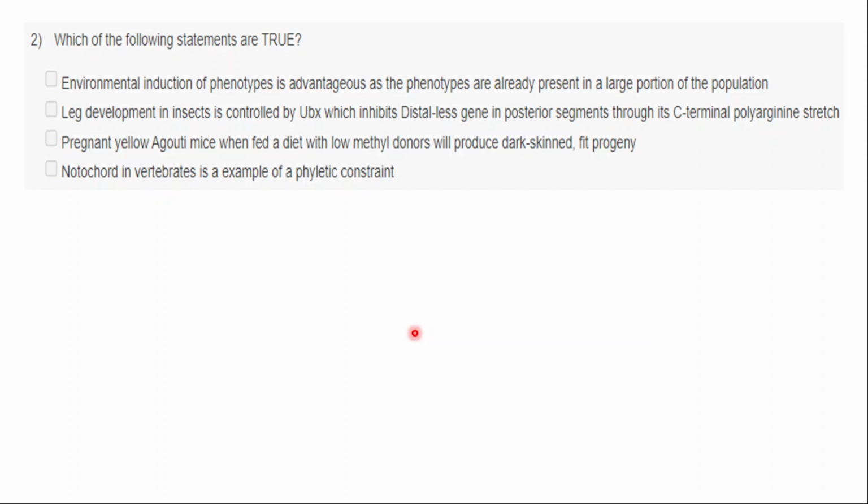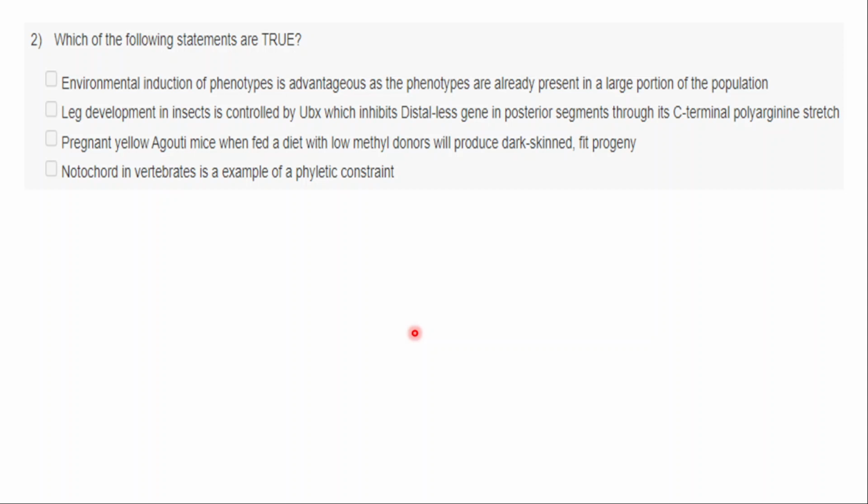Option A, environmental induction of phenotypes is advantageous as the phenotypes are already present in a large portion of the population. Option B, leg development in insects is controlled by UBX, Ultrabithorax, which inhibits the Distal-less gene in posterior segments through its C-terminal polyarginine stretch.